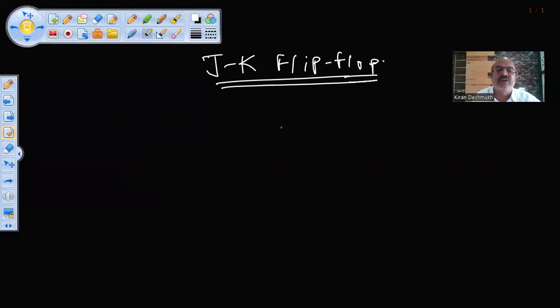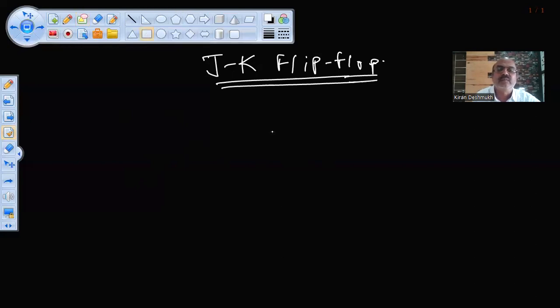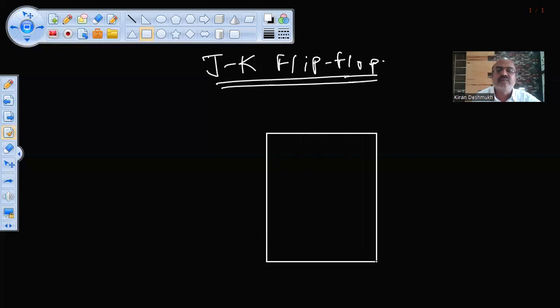Now we can see the structure of the JK flip-flop.